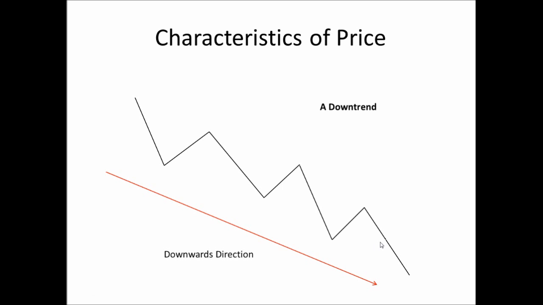But there is more to uptrends and downtrends than just this stepping motion. This stepping motion has key characteristics that help us to identify if price is in an uptrend or a downtrend. Let's go back to the uptrend illustration.